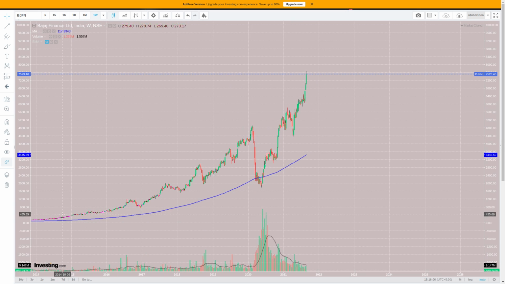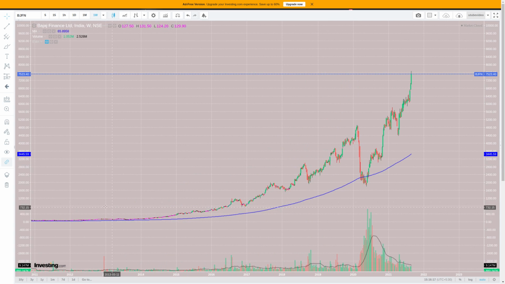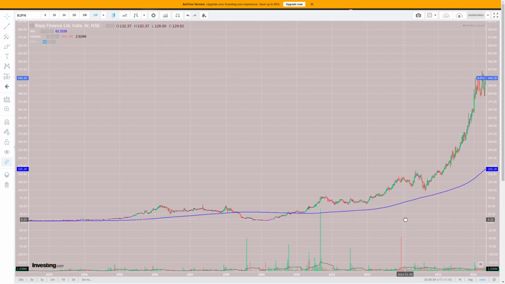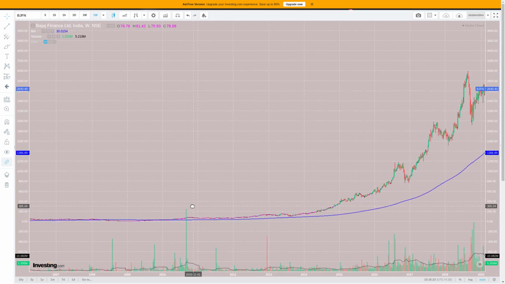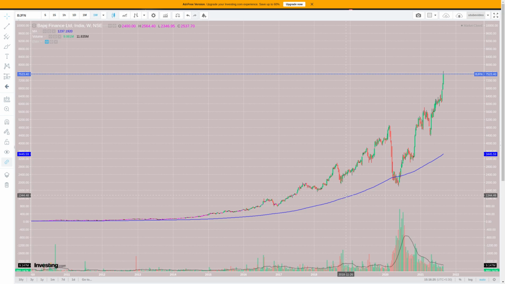But if you look at Bajaj Finance, why it was such a good investment and why it is at an all-time high, is because since 2009 it has never actually gone towards its 200 SMA.